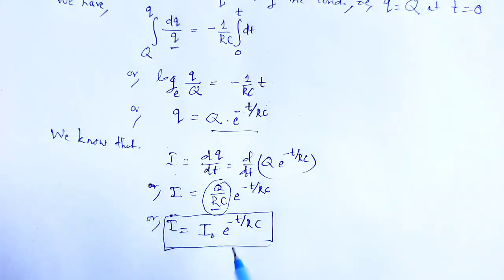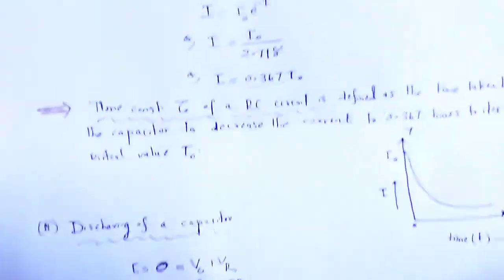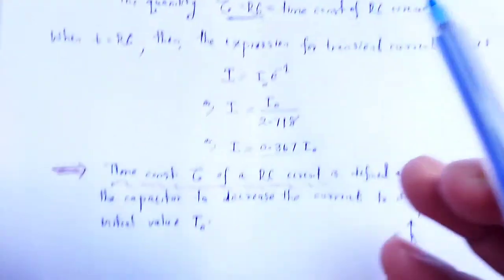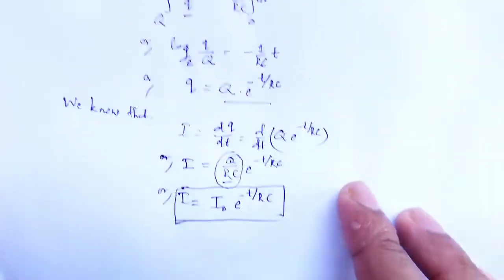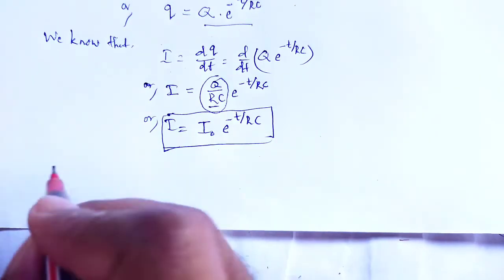Hence, by taking the first case, here I is equal to I naught e to the power minus t by RC. So what do we conclude here?